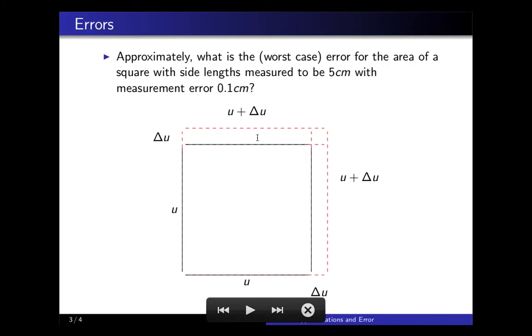So over here we would get u times delta u, this other segment we would get u times delta u, and then the third part we'd get delta u squared. So the worst case that our area could be off by is 2 times u times delta u plus delta u squared.